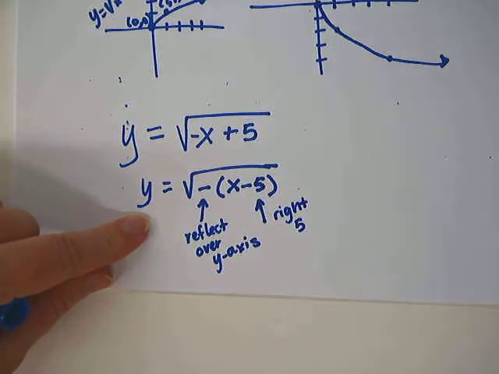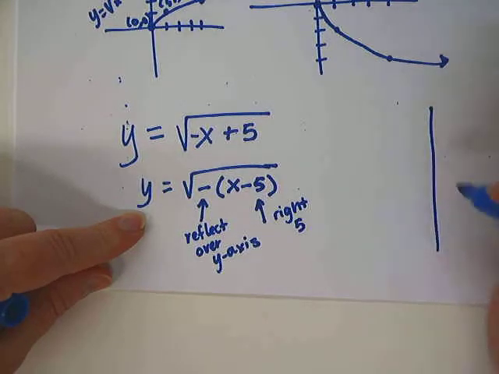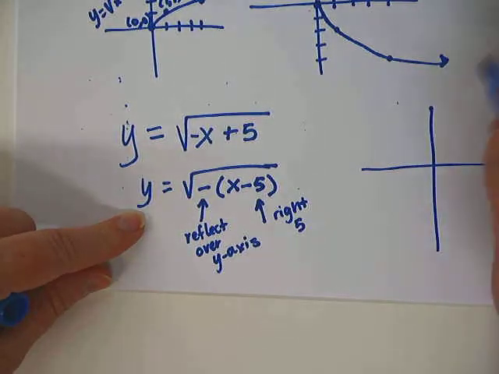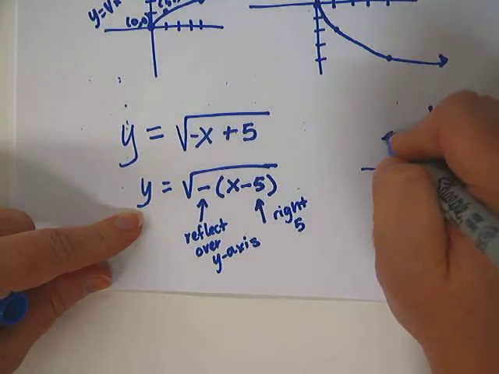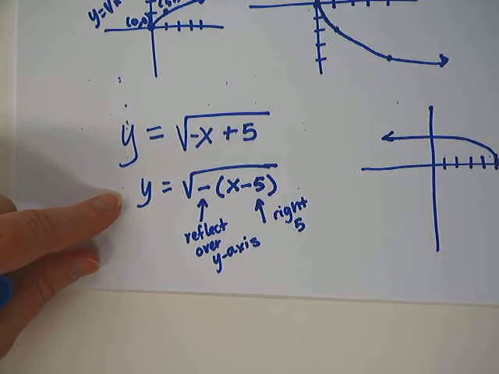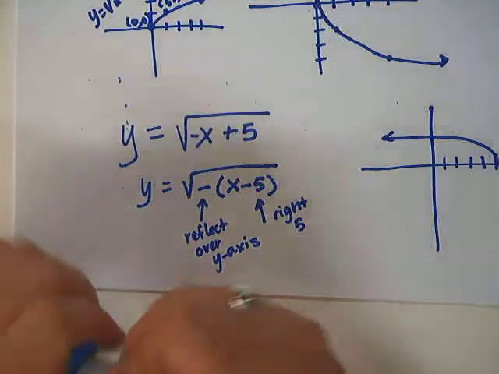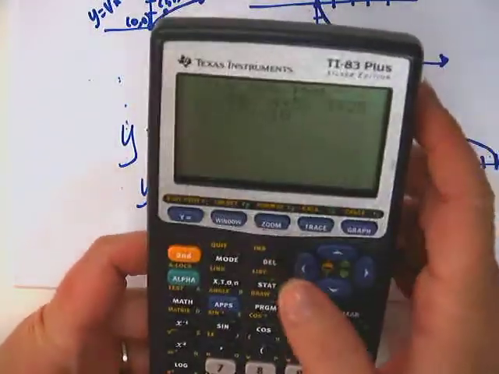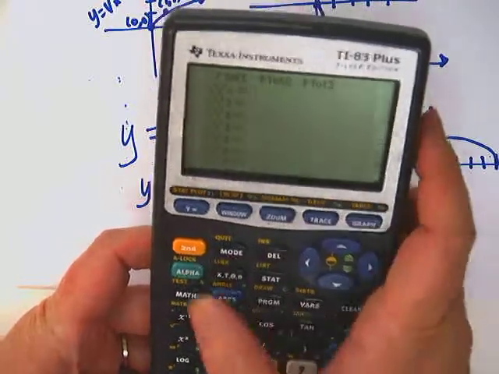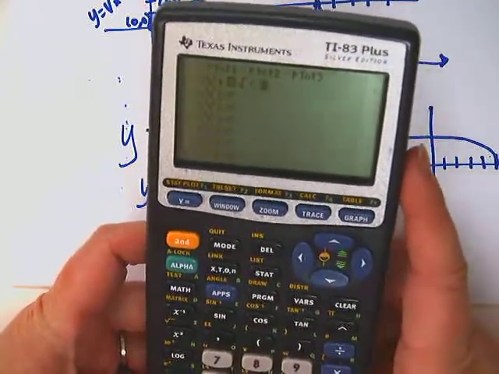And so this one causes it to reflect over the y-axis. But this one does what to it? Actually moves it to the right 5. So it should look 1, 2, 3, 4, 5. It should look like that.